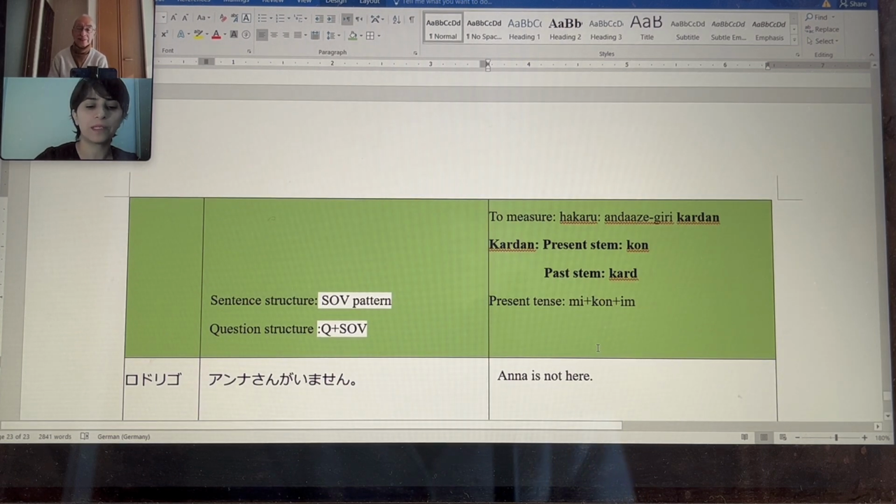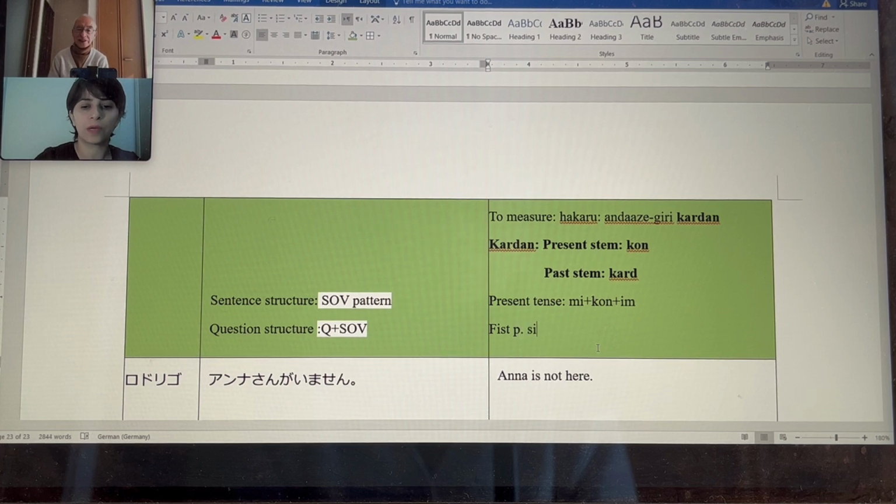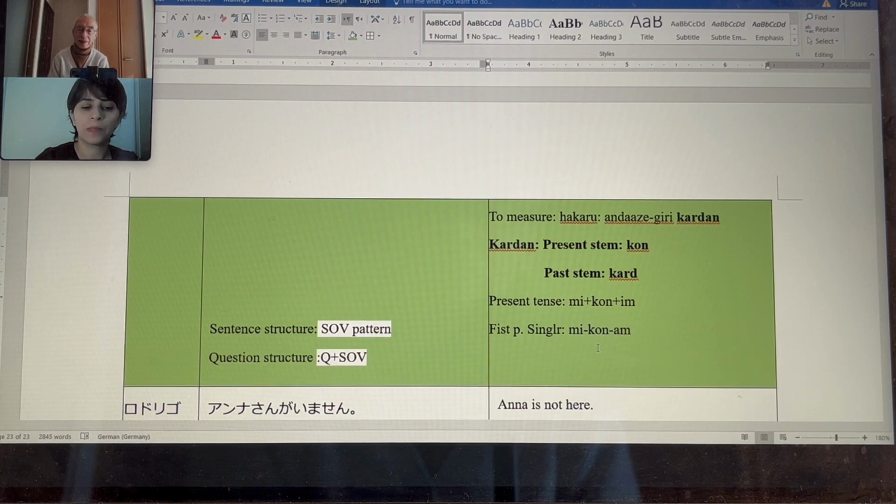For the first person singular, mikonam. Second person singular, mikoni.